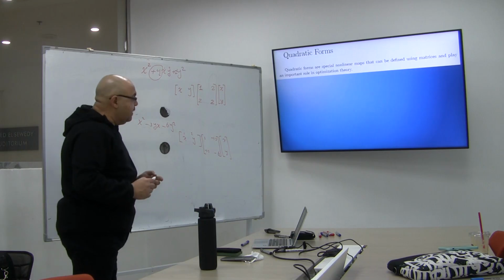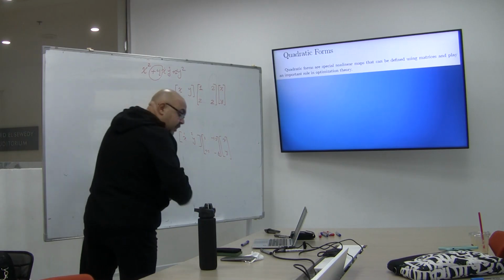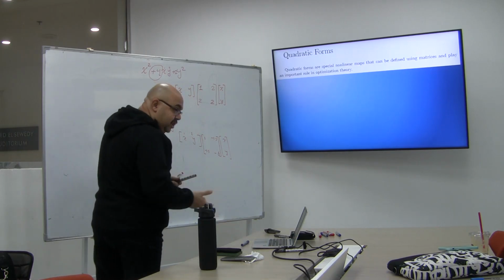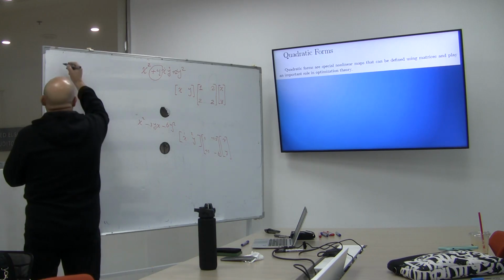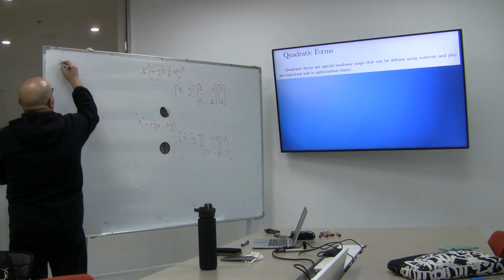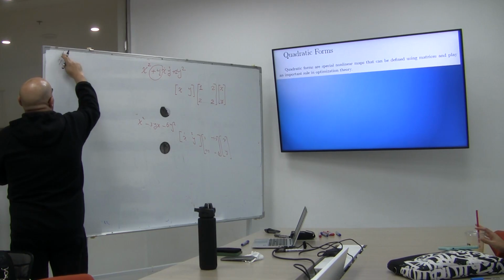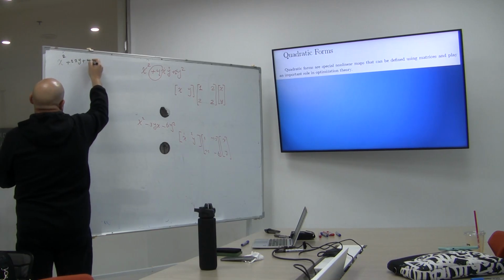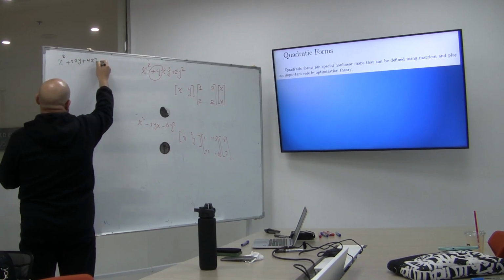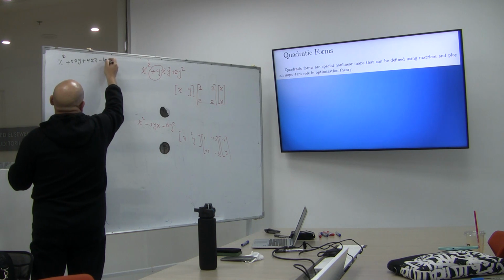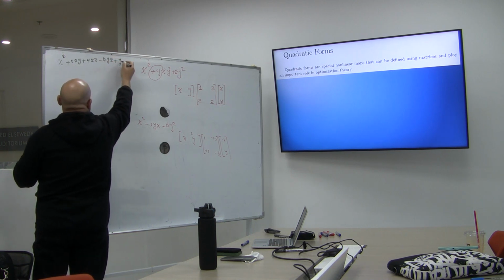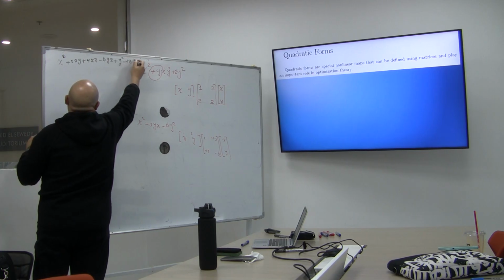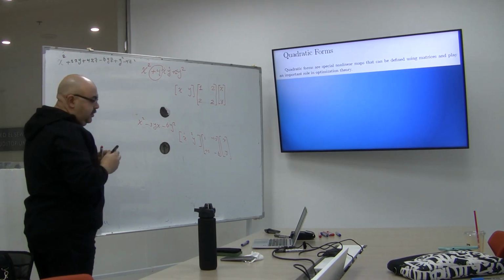Are you with me? What if I'm dealing with a quadratic form in 3D? It's exactly the same. So, for example, if I have x squared plus 2xy plus 4xz minus 6yz plus y squared minus 4z squared, I can write the quadratic form.